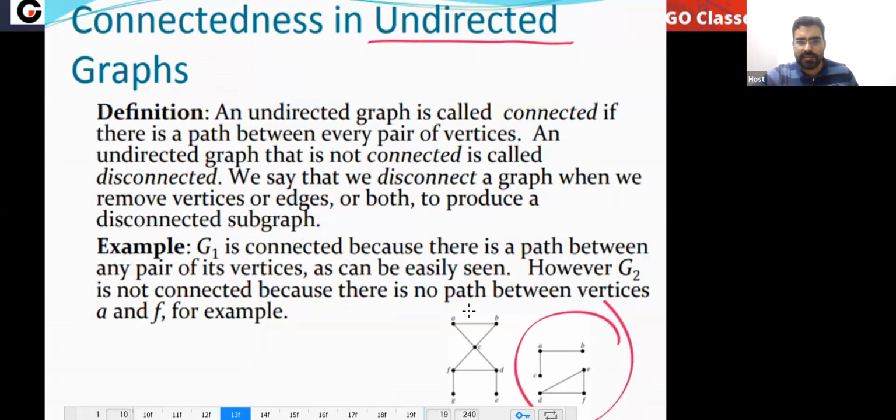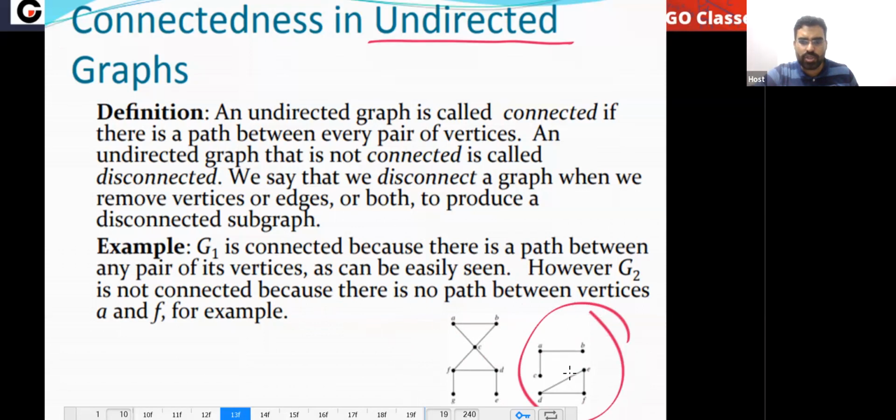This graph is disconnected, but this graph is connected. In this graph, between every pair of vertices there is a path. Whatever 2 vertices you take, there is a path between them. So this is a connected graph, and this is a disconnected graph because there is no path between a and f.